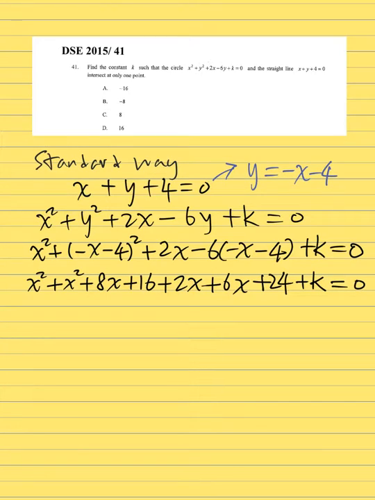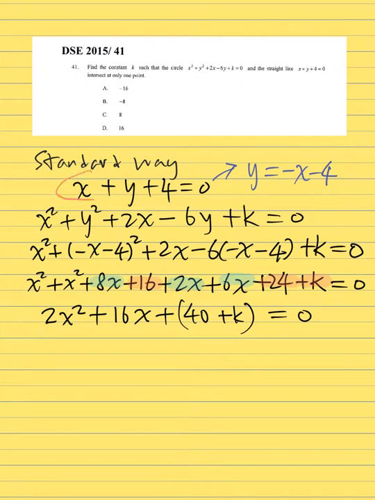Collecting the like terms, x squared plus x squared is 2x squared. And then the terms in x, which are 8x, 2x, and 6x, altogether it is 16x. And finally, the constant term, which is 16 plus 24 plus k, which is 40 plus k, equals 0.